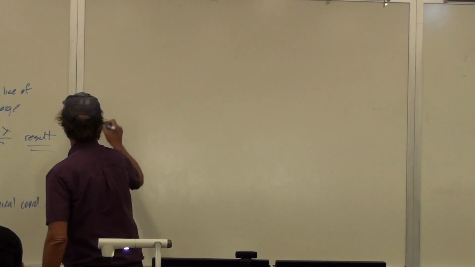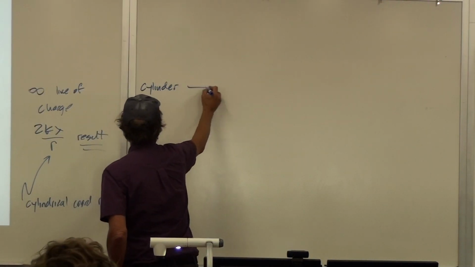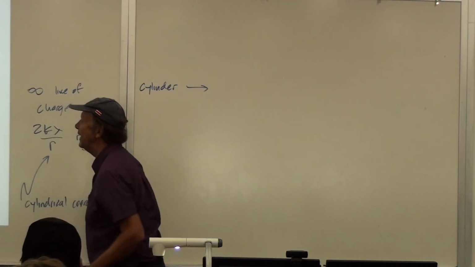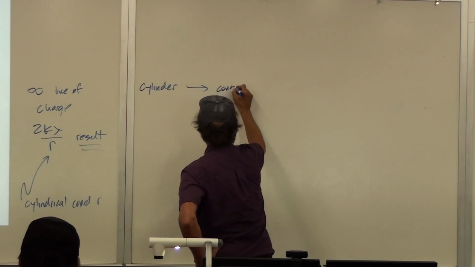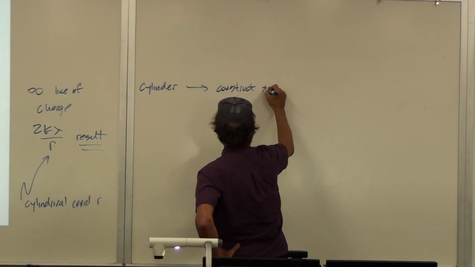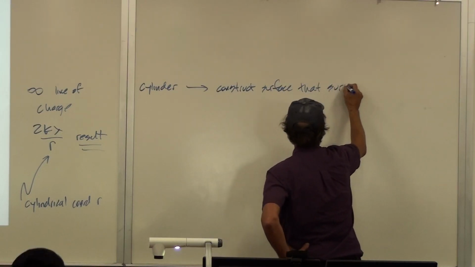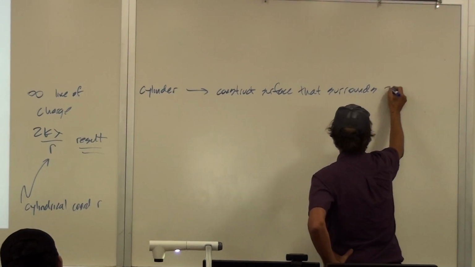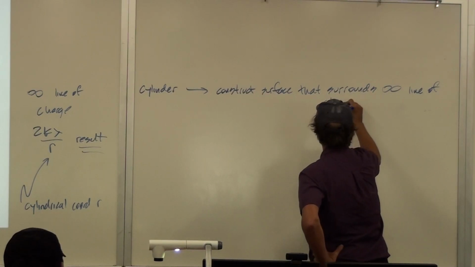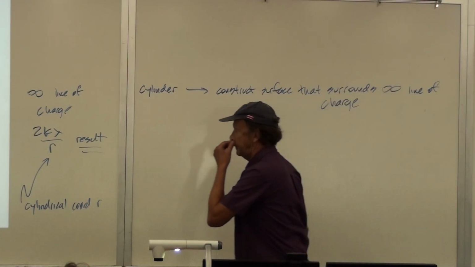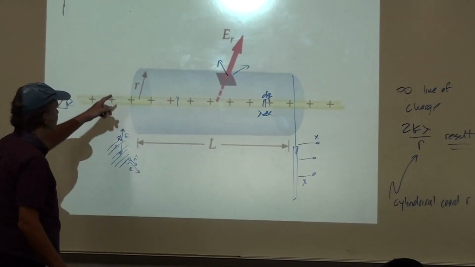Well, here what we're going to want to do for a cylinder is construct a surface that surrounds the infinite line of charge. Okay, and so that's what we've done here.